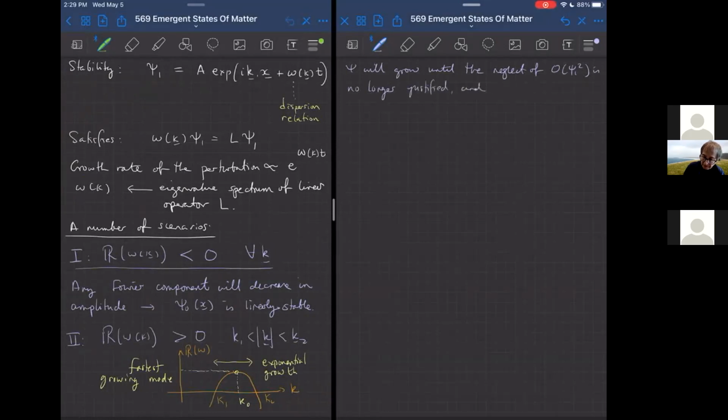And the pattern may form predominantly around the fastest growing mode, and be restabilized by nonlinearities.